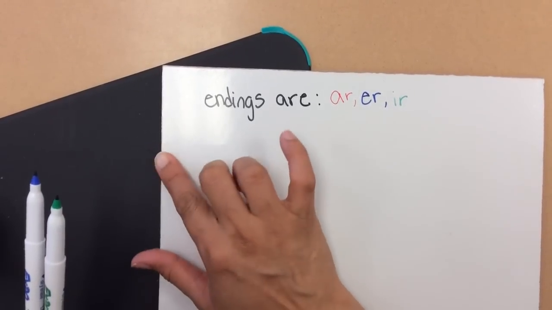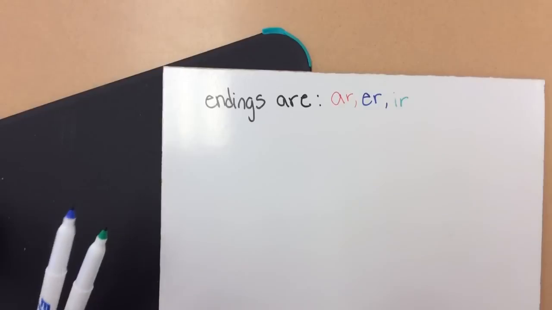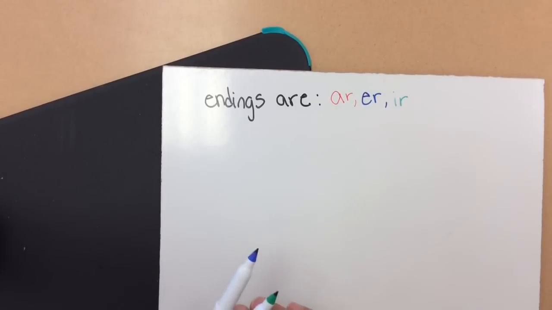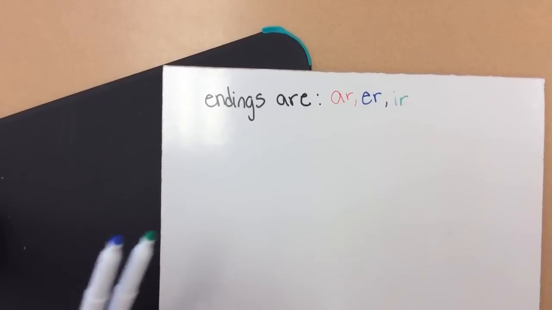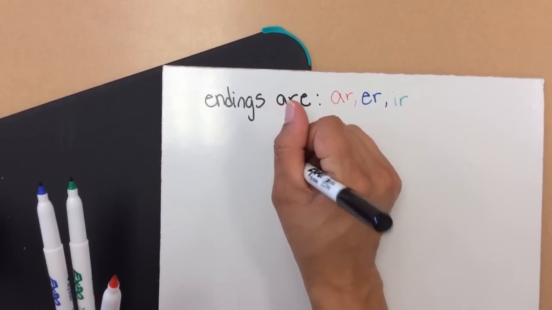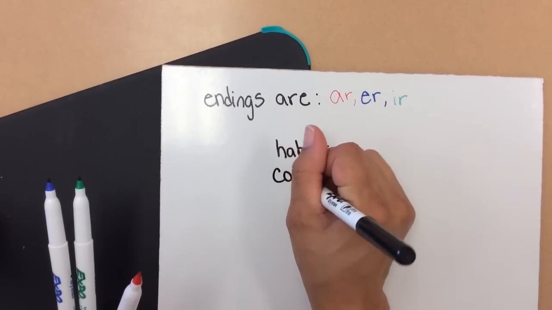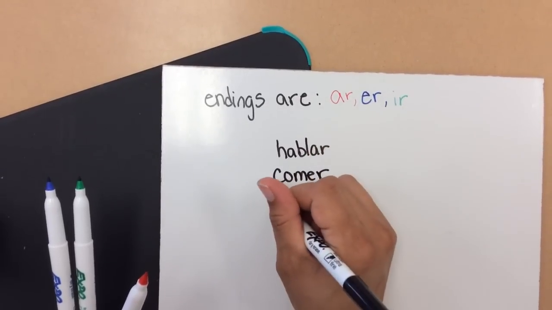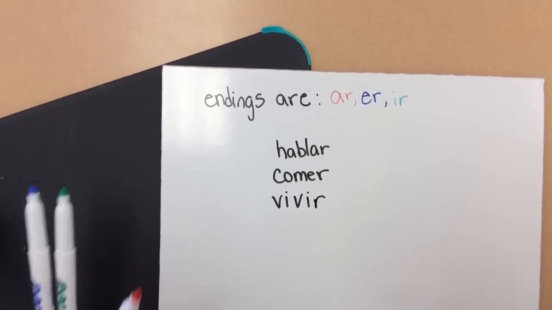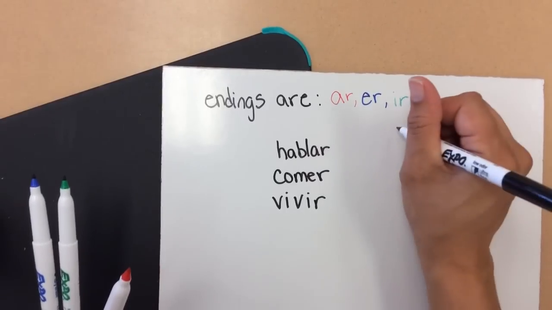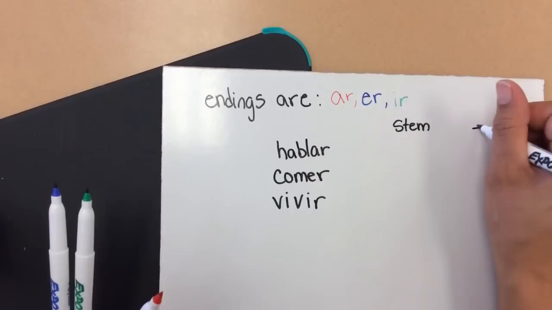On verb conjugation, it's very important that you are familiar with those definitions. And you need to definitely understand the stem and then ending of the verb. For example, hablar, comer, vivir. All 3 of these verbs, don't worry about their meanings right now, they all have a stem and an ending.